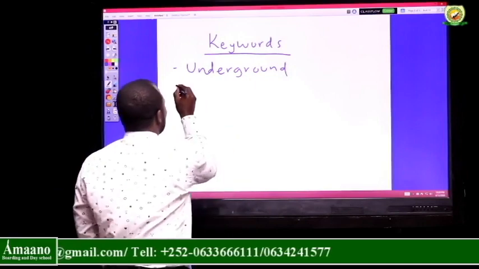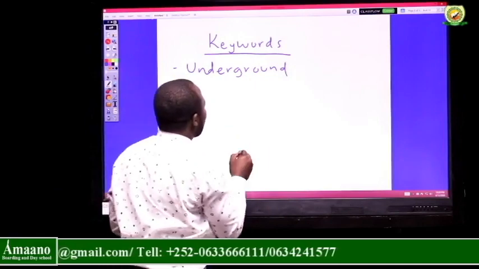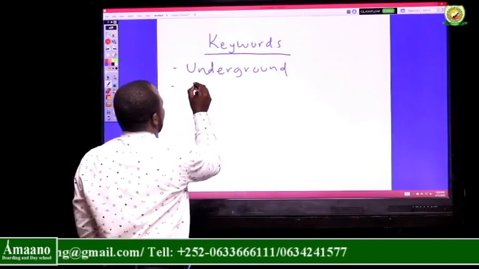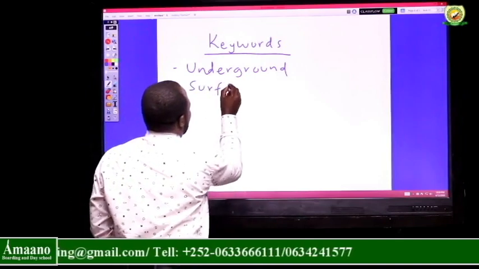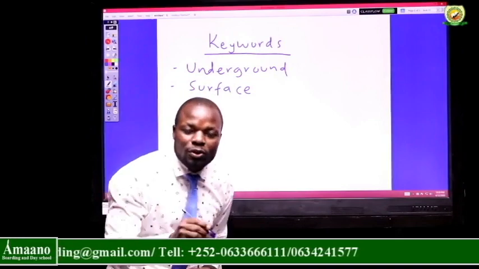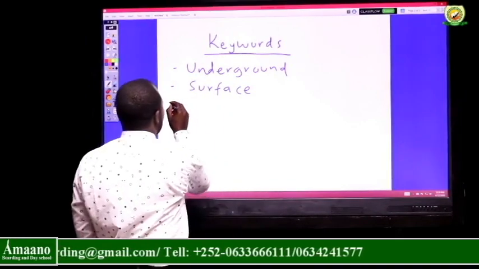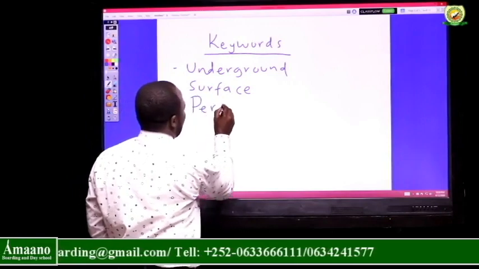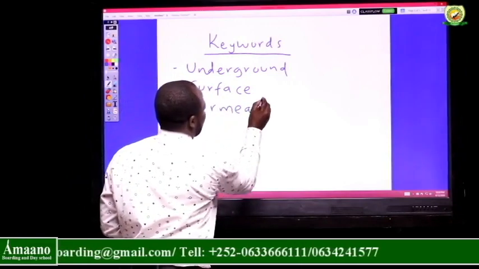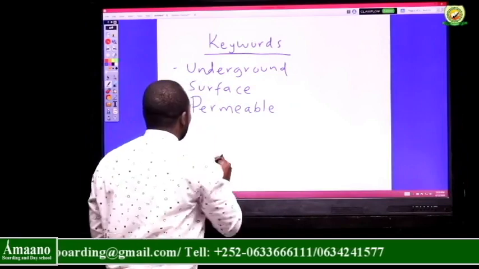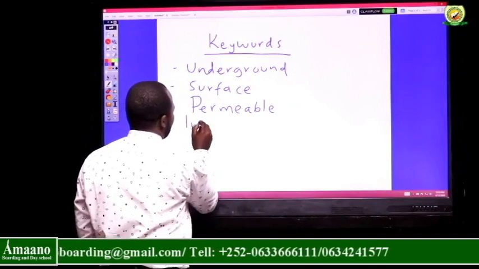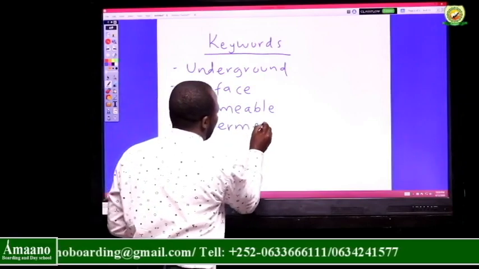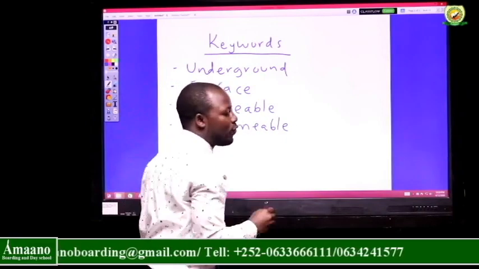Two, surface, because underground is the opposite of surface. Then another keyword, permeable. We shall also look at another keyword, impermeable, which is the opposite of permeable.